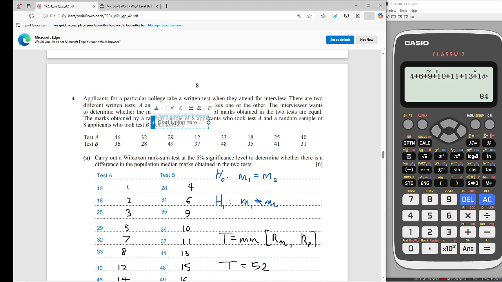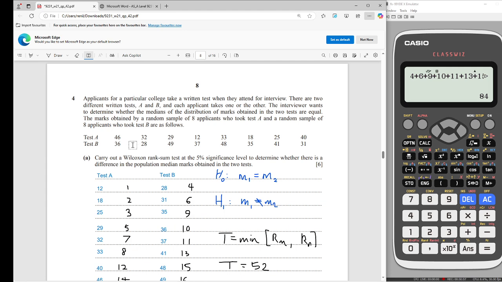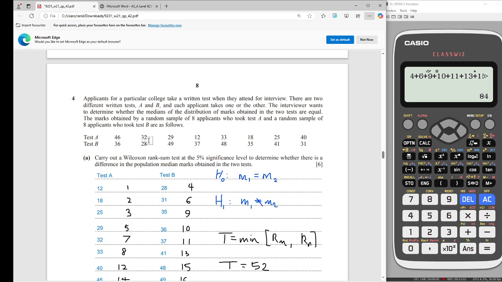It says they took a random sample of 8 applicants who took A, and a random sample of 8 applicants who took B. If these 8 applicants were the same, we would know it's paired because one person took 2 tests. However, we are taking 16 different people and giving 8 of them one test and 8 of them another test. So we can't group any 2 people from these 8 and 8 groups together. That means the paired t-test is out.